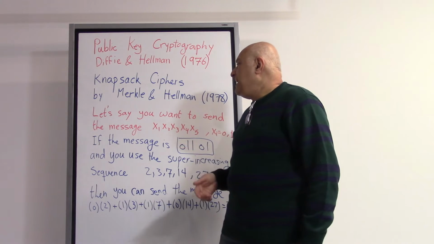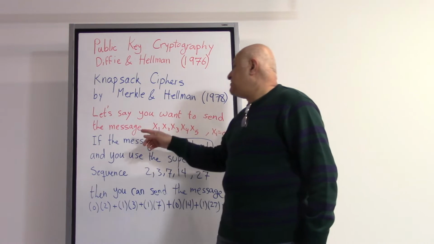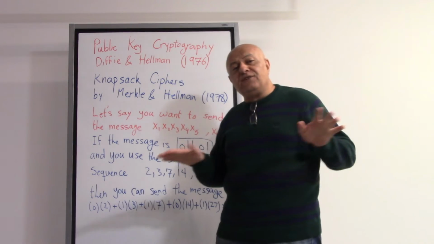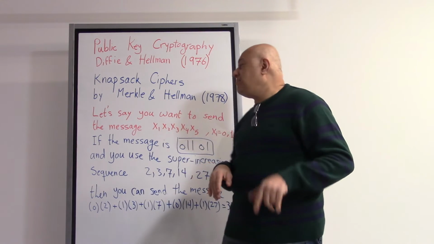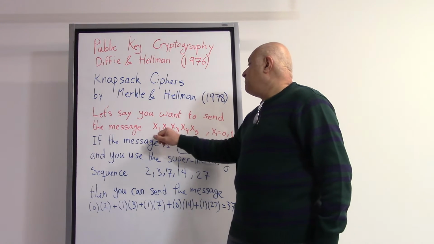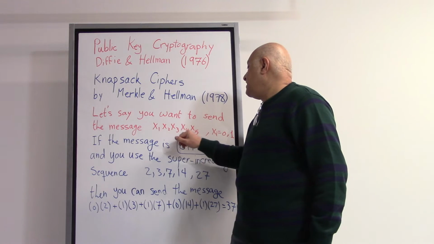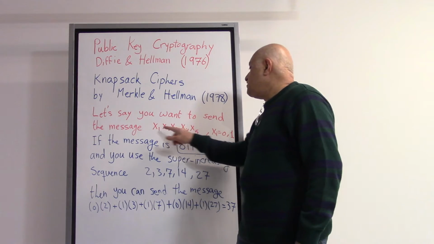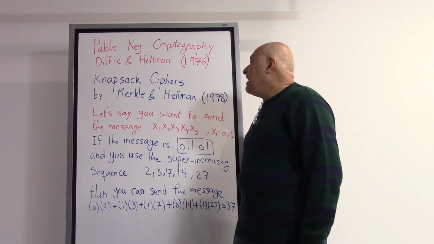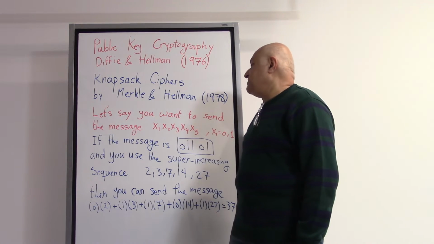So let's say you change your message to a bunch of zeros and ones. For the sake of argument, let's say this sequence is very short. It has 5 digits: x1, x2, x3, x4, x5. These are zeros and ones.